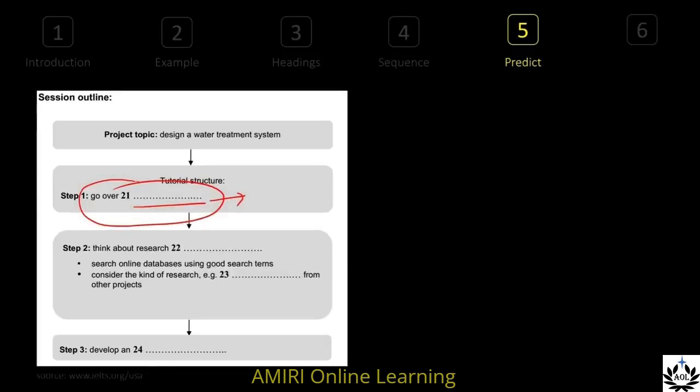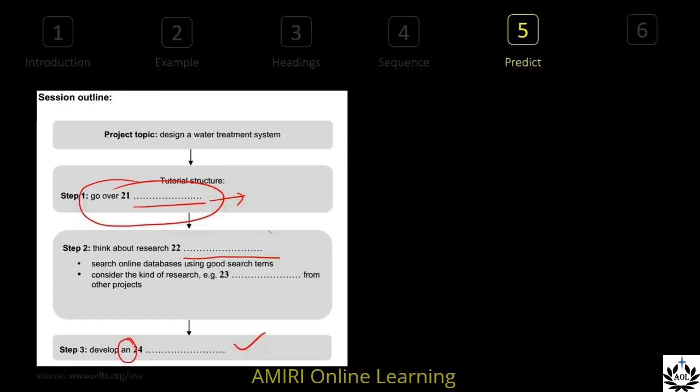You have to go over something. Think about research what? Research something, research topic, research opinion, whatever it is. Right. Same way you can think of the last one. Develop an something. Or see, another hint they have provided us is this N. So definitely it's going to start with either sounding as a vowel or with a vowel.